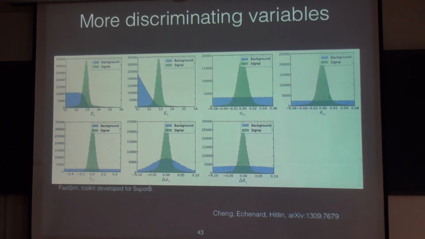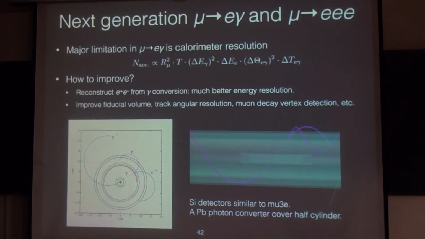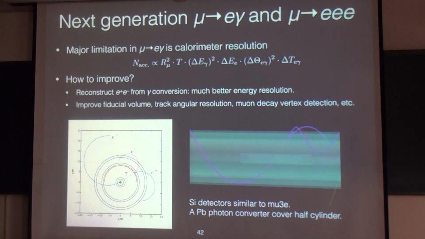And we have an additional handle because the tracker has very good direction power, so it can point back to the target, so that you can match this position to the positron.